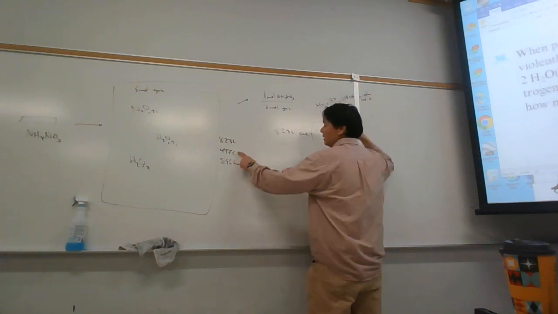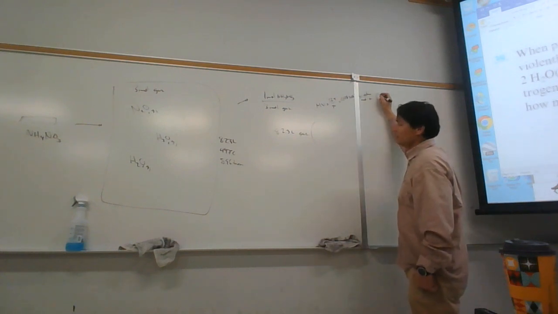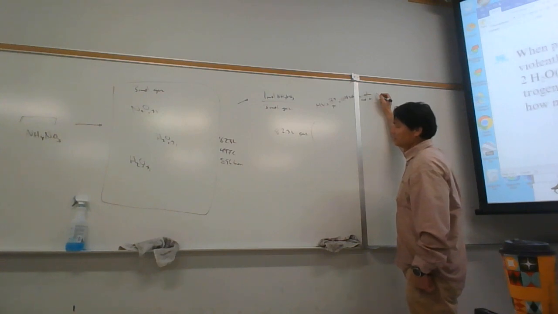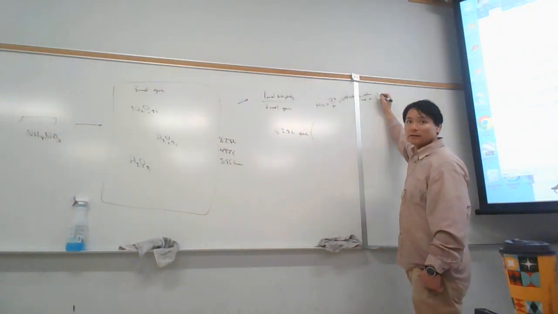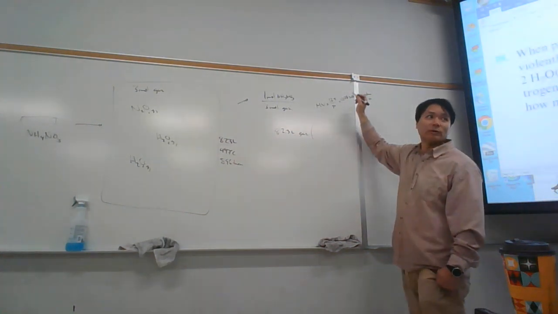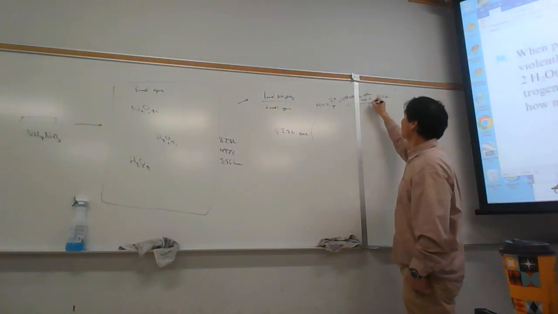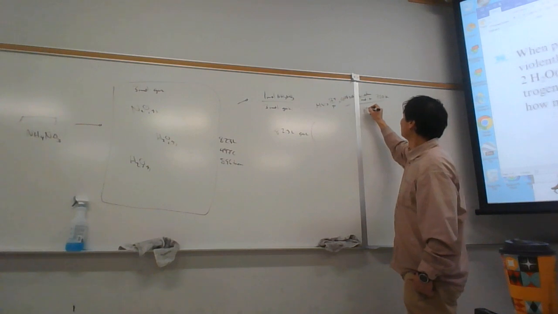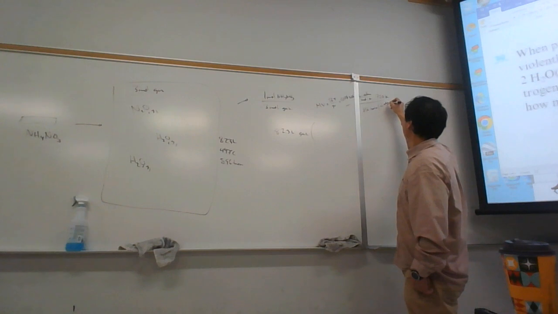times T. So 273 plus 447 gives, what was the temperature you got? 710? Is that what you got? 720? Yeah. 720 Kelvin divided by P. So we have to convert that into atmospheres. 896 torr, 1 atmosphere per 760 torr.